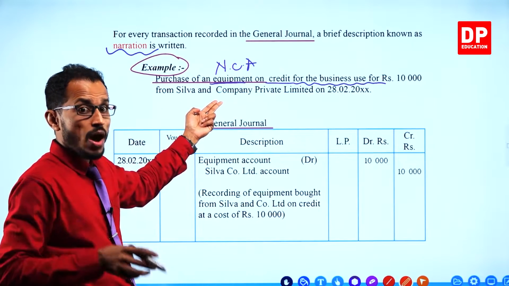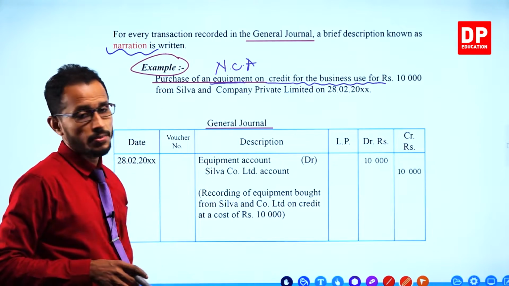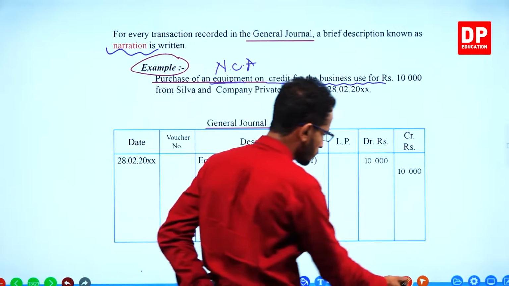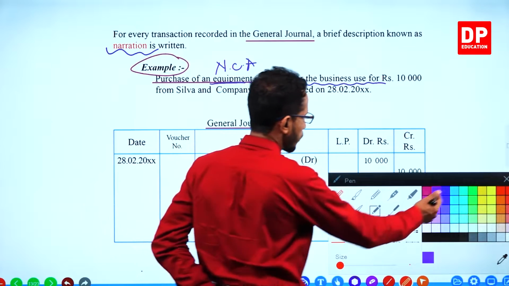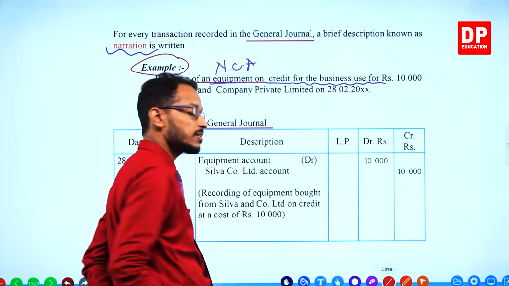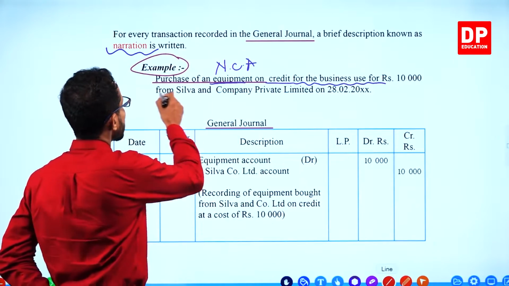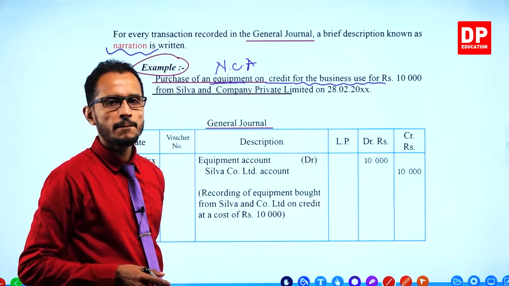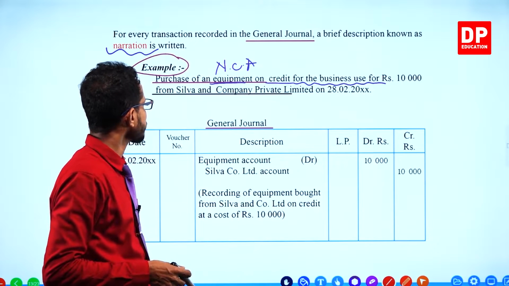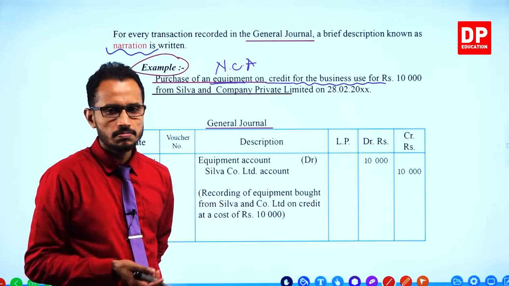From Silva and Company Private Limited. Who is the supplier? Who has supplied the equipment to us? Silva and Company Private Limited. It's a company. Yeah, must be a big company.